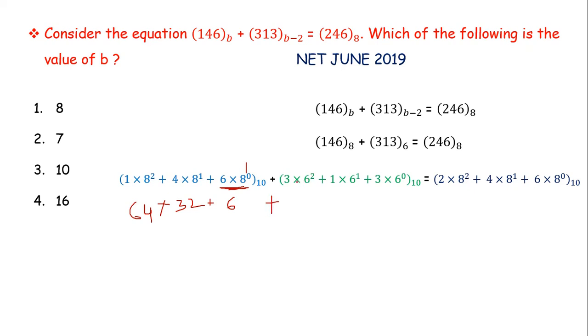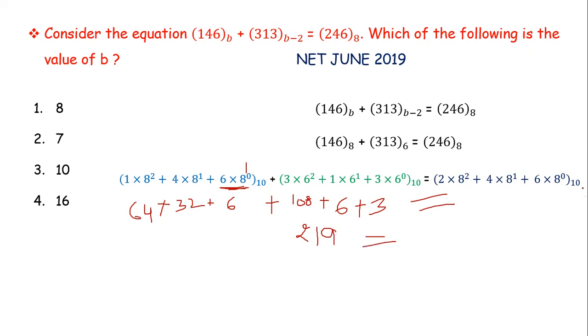We have 6 square into 3, which will be 108. You can do the calculation by yourself. 6 into 1 will be 6, and 3 into 6 raised to the power 0 will be 3. So this is our left hand side. Let us add all these values. It will come as 219.